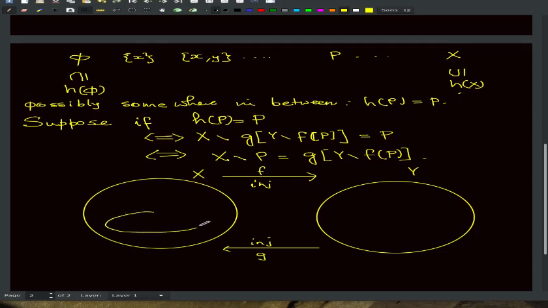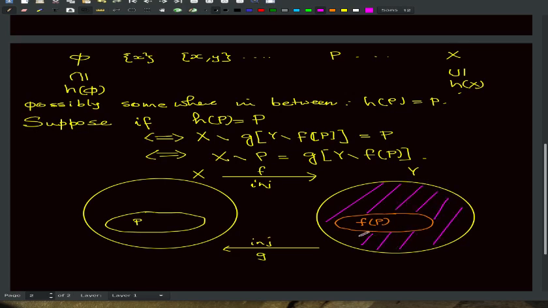So you have a p, you have its fp, and this part is same as this part. And then we are done.